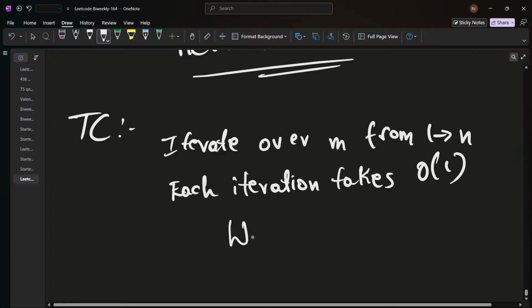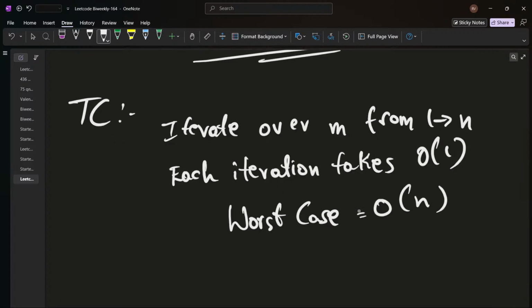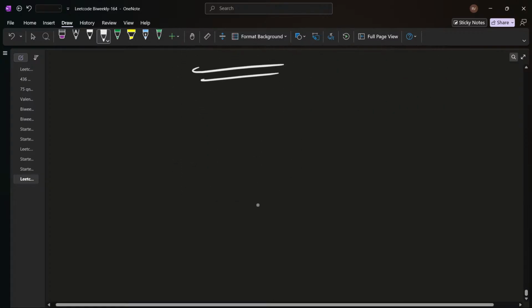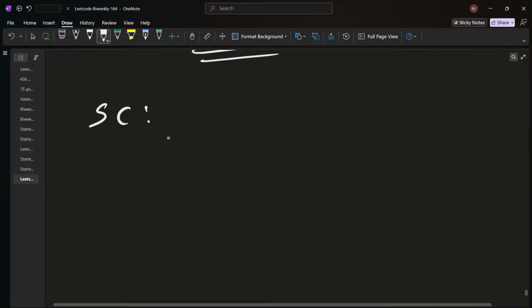So what is my worst case? O of n. So my time complexity is equal to O of n. Done. Now going on to the space complexity. I'll give the pseudocodes for this as well as the third question. Fine.